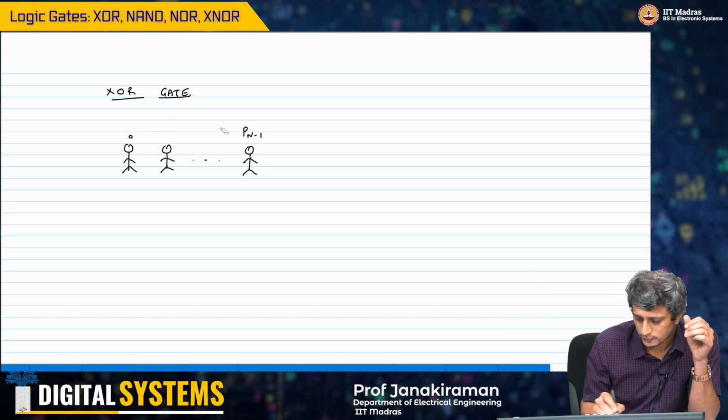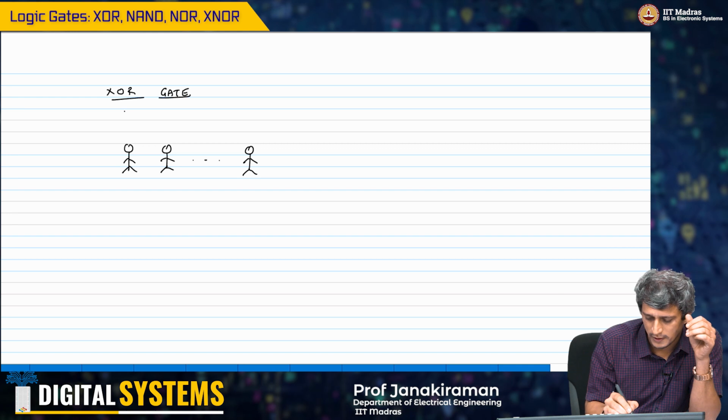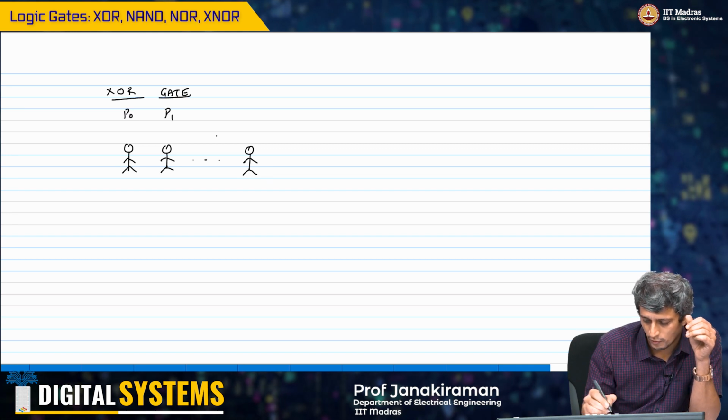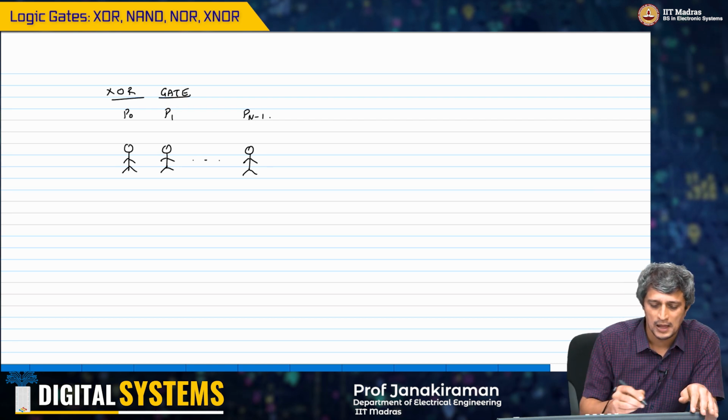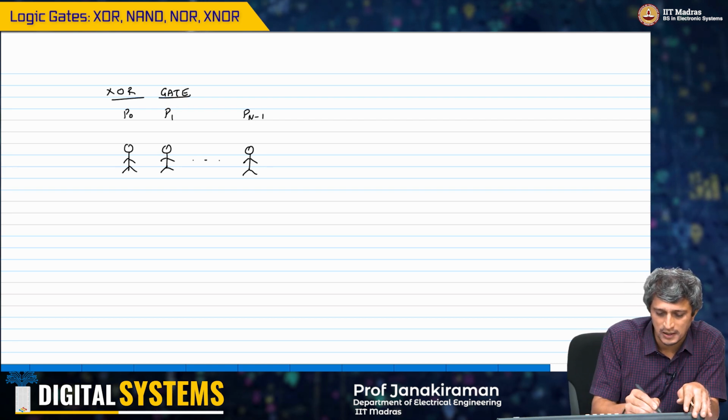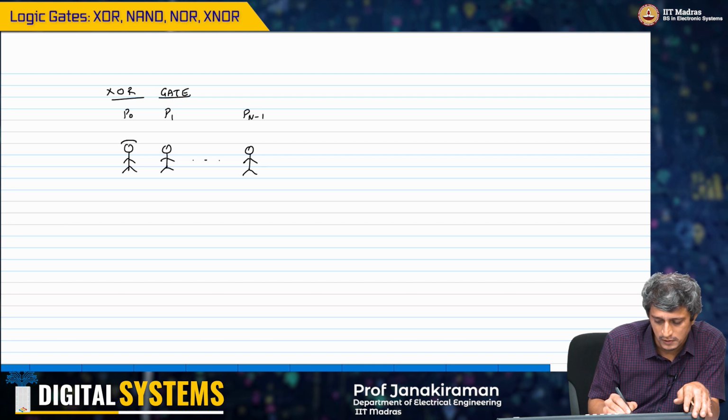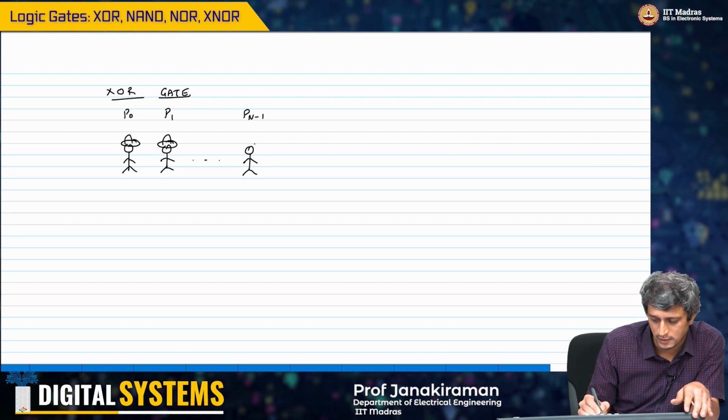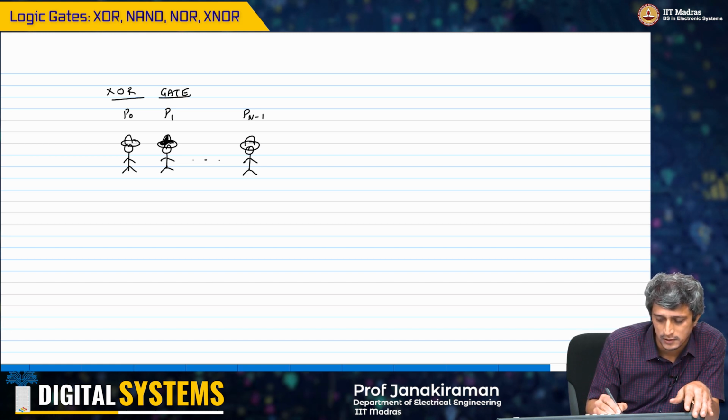So let me write this here: P0, P1, Pn minus 1, okay? And I am going to place a hat like this. Prisoners are blindfolded, they do not know what the hat is.